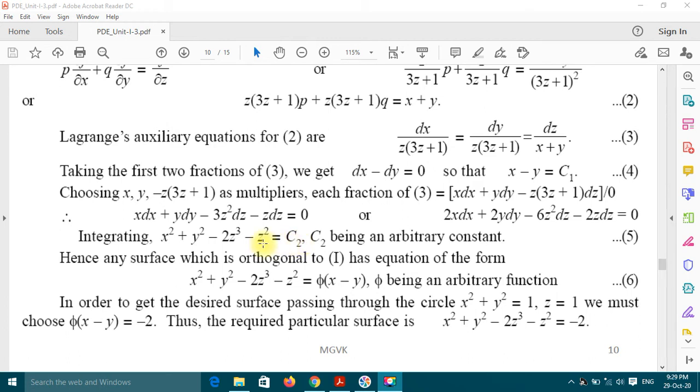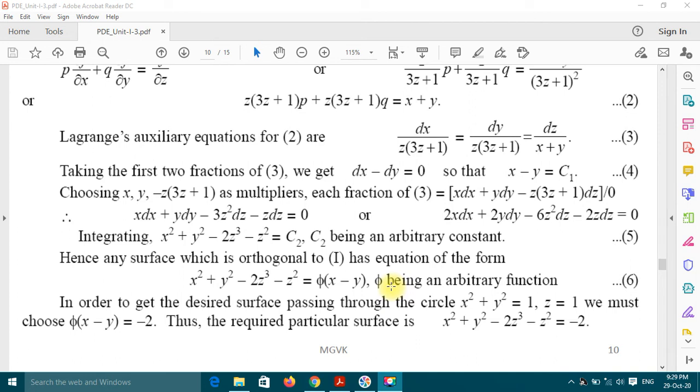So we get two integral surfaces of equation number 2, and the general solution is written as v = φ(u). So x² + y² − 2z³ − z² = φ(xy), where φ is an arbitrary function.